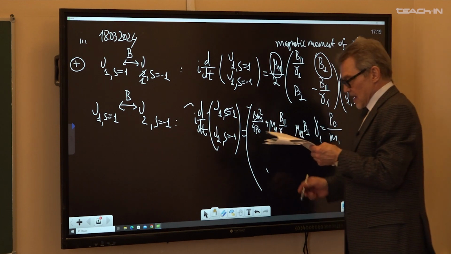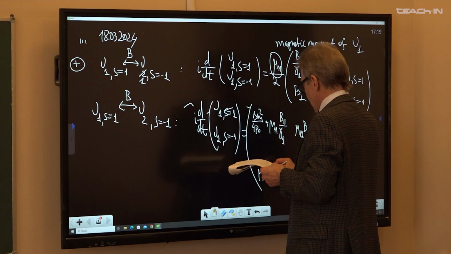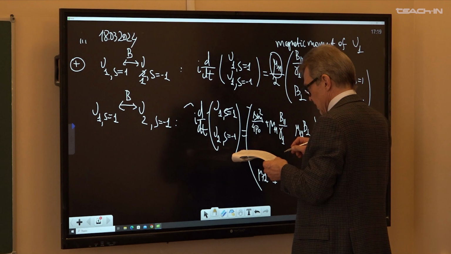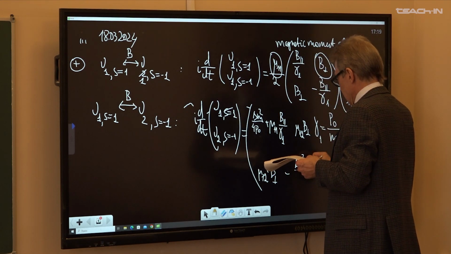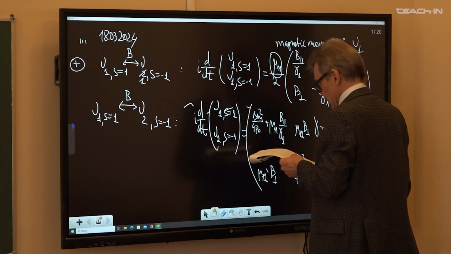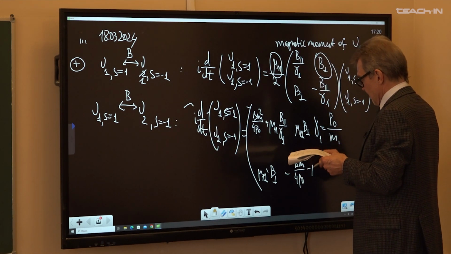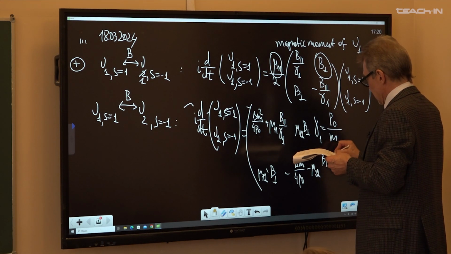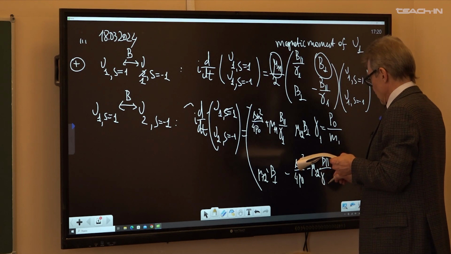And here again, the same, mu 1, 2, multiplied by the transversal magnetic field, minus delta m squared divided by 4 energies of neutrino, minus the magnetic moment of the second neutrino multiplied by the longitudinal magnetic field divided by gamma 2.